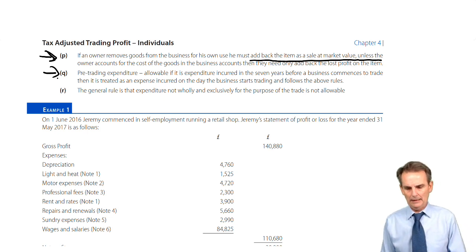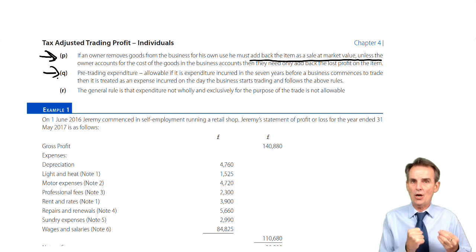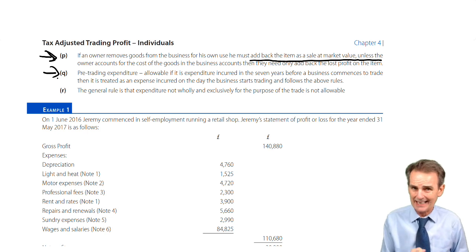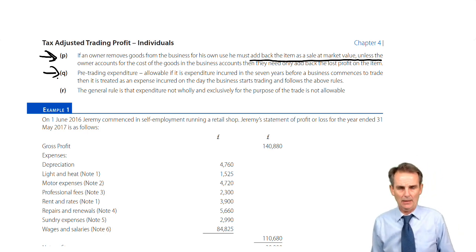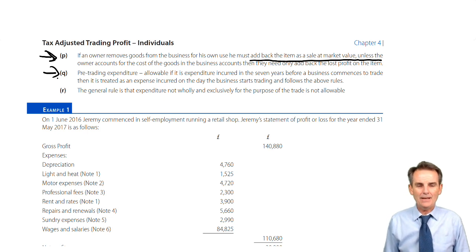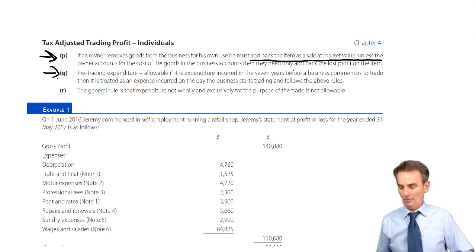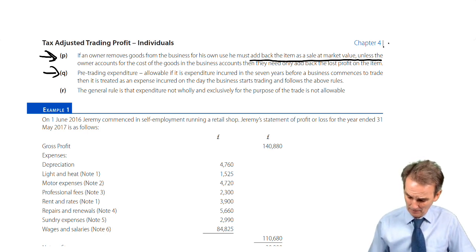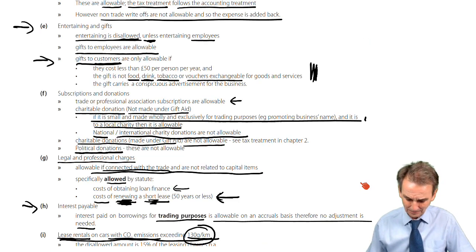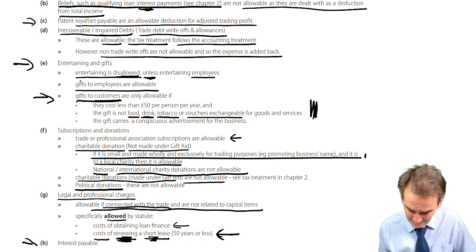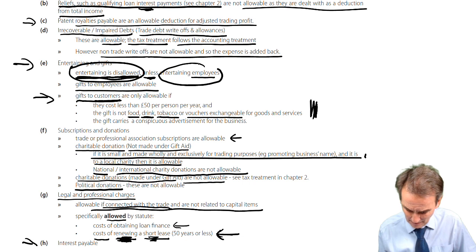Now, the only thing to watch out for here is we'll allow pre-trading revenue expenditure so long as it would otherwise have been allowable had it been incurred post the commencement of trading. So, for example, if you were entertaining potential customers in this run up to starting the trade, and if we look back up here, we will see that entertaining is disallowed unless you're entertaining employees.